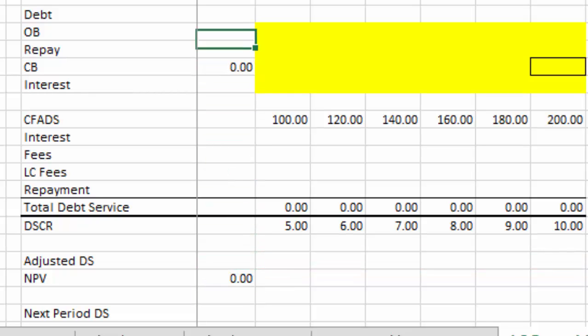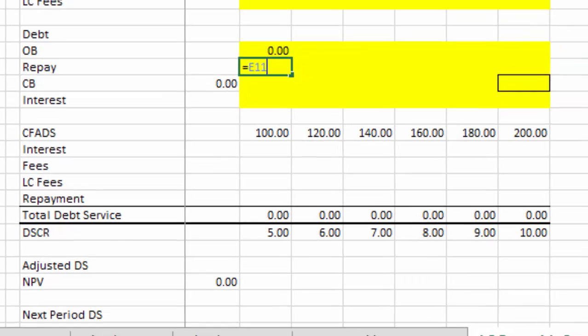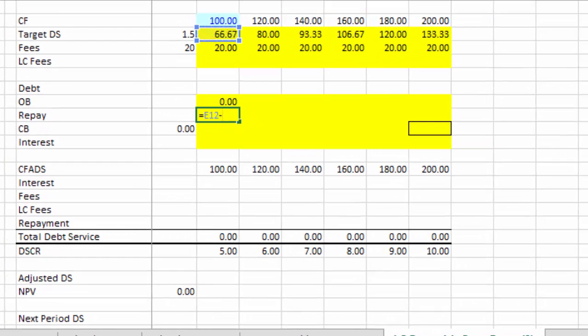Okay. And then the opening balance is the closing balance. And now the repayment is our target debt service minus the interest, minus the fixed fees, but also minus the letter of credit fees. So the closing balance is the opening balance minus that, and our interest is the opening balance. Did I do that right?